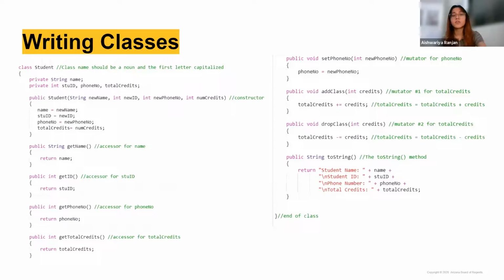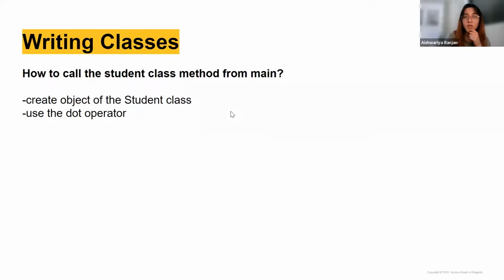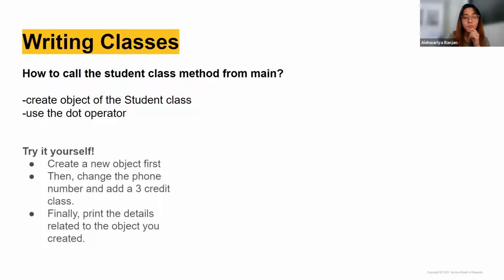You got to fill those in when you're calling the student class or creating an object in the main. And then once you have done that, I want you to set the number to something else. So change the number. How would you call the correct method for this? And I want you to add a 3 credit class. And finally, print the details related to that object. I'm just going to pause here for a minute, and then I'll go over it.